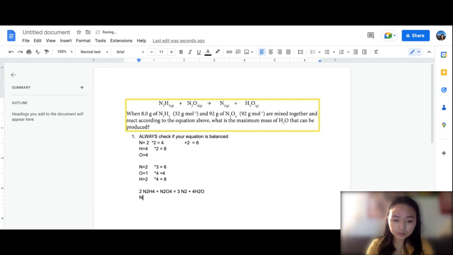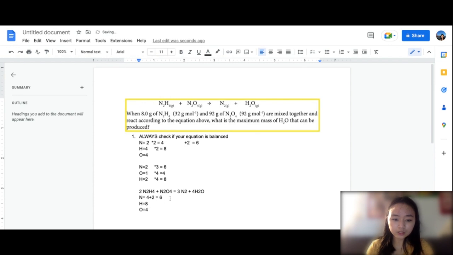Let's sum up our elements on both sides of the equation, make sure they're the same. You have 2N2, which is a total of 4. Hydrogen equals 4 times 2, 8. Oxygen here equals 4, and you have 2 more nitrogens equals 6.